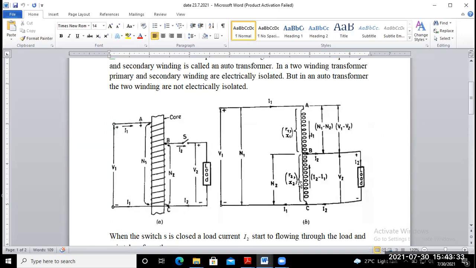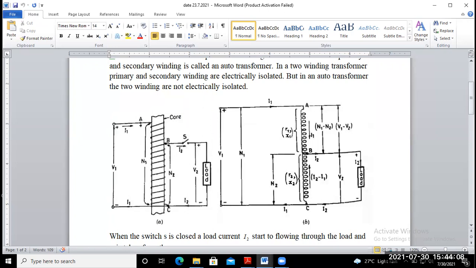As we explained in the two winding transformer, the mmf of the two windings is equal, so all the power is transferred by electromagnetic induction. But here not all the input power is transferred through electromagnetic induction. Some part is through electromagnetic induction and some part is directly conducted, because some part of the winding is common.